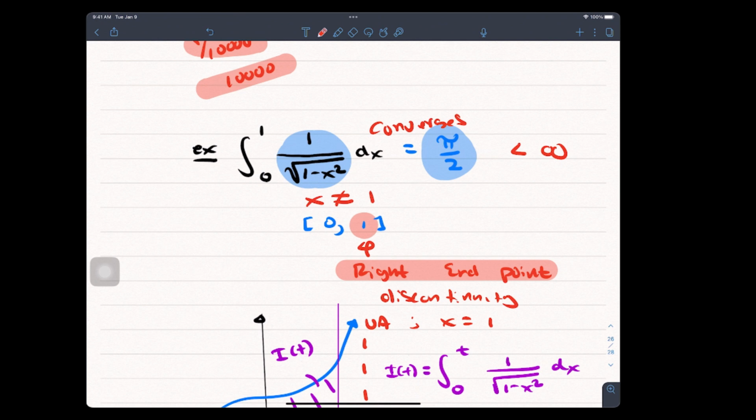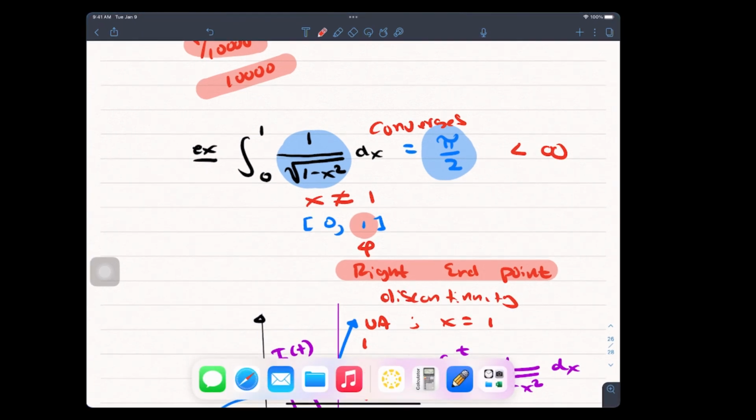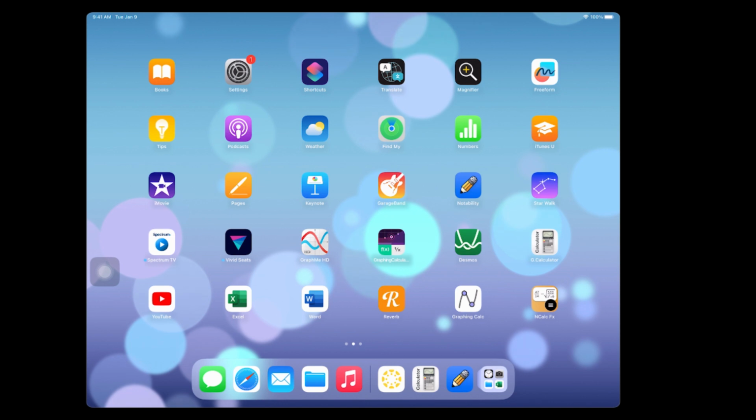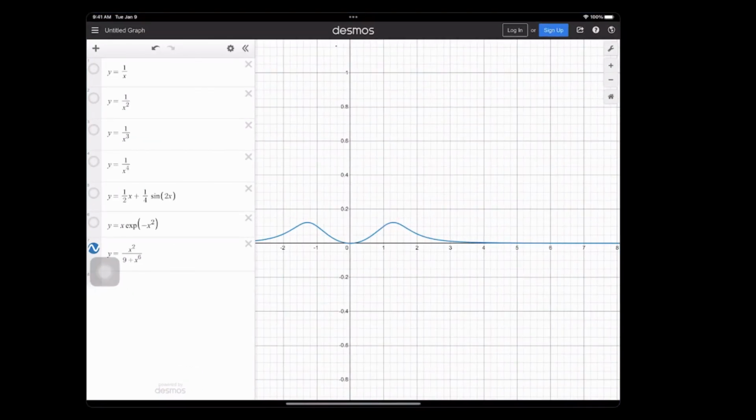This is wild, ladies and gentlemen. This is really wild. Why is that wild? Because in calculus 1, you integrated, let's look at that curve. Where's Desmos?